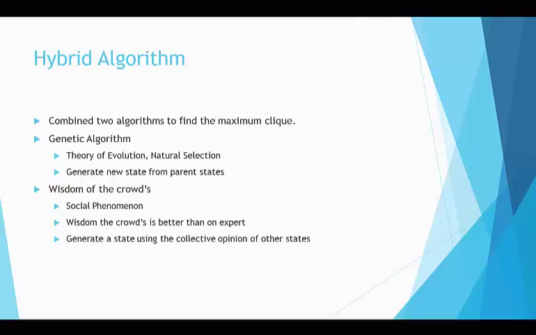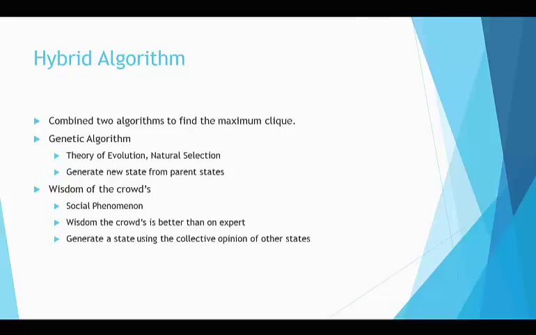The second part of the algorithm is the wisdom of the crowds algorithm. Wisdom of the crowds is a social phenomenon where the wisdom of the crowd is better than one expert. So this generates a state by using the collective opinion of all the other states.